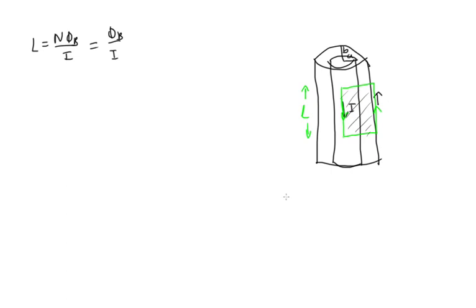So when we were learning about Ampere's law, we showed that inside a wire of radius R carrying current I, we had a magnetic field strength equal to B is equal to mu naught I little r over 2 pi R squared, where little r here is the distance inside the wire.